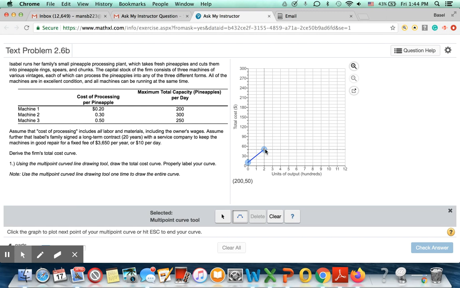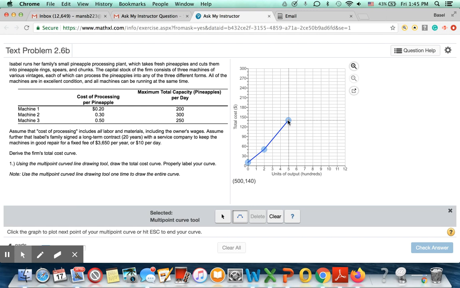So 50 plus $90, we get 140. So now, if we use the second machine, total production would be 500 units, and they're going to cost us 140. Why 140? Again, we have $10 fixed cost, and the cost of production using the first machine is $40. That's 50. And the cost of using the second machine is 90. So 50 plus 90, we get 140.